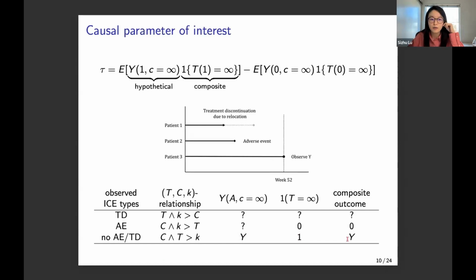For the second patient, although the potential outcome is missing, we know for sure we observe an adverse event, so we know this indicator is going to be 0, and therefore even though the potential outcome of interest is missing, we still observe their composite outcome. And for the first patient, we observe a treatment discontinuation. So we know C happened first. But in that case, it's censoring both the effect informative intercurrent event and also the potential outcome. So we're not going to observe the composite outcome at all.